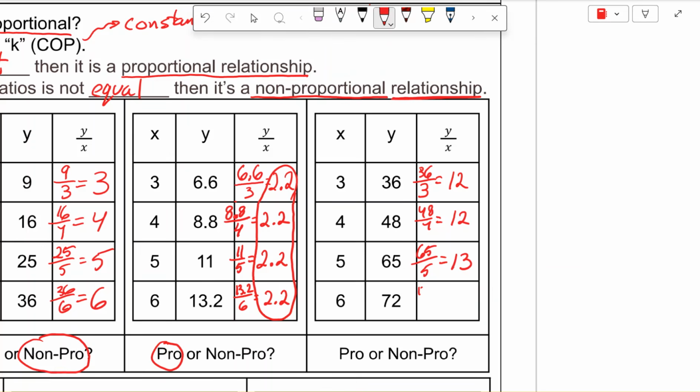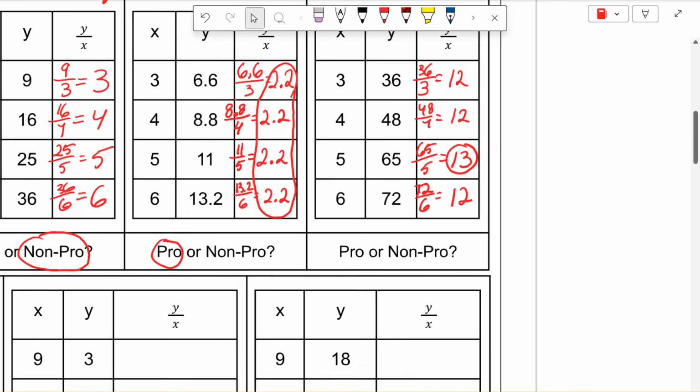And 72 divided by 6 on your calculator is 12. Now, it was looking good because we had 3 12s, but because of this one, it's a different answer, a different ratio. It is not a proportional relationship. So this is a non-proportional relationship, non-pro.